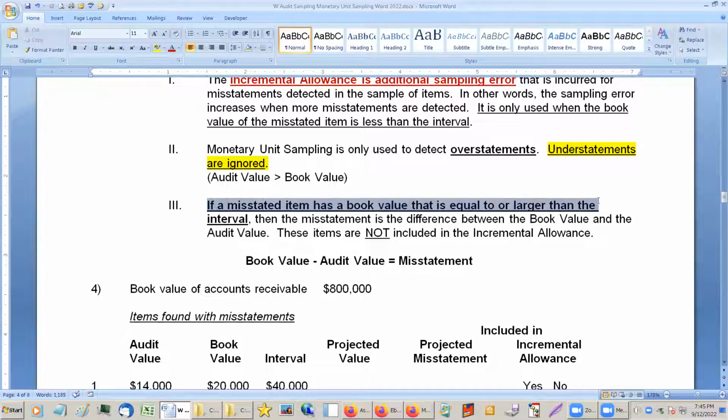Okay, the third one. This is when you have items that are larger than the interval. Like we were saying before, let's take the very first example. We had $1,000 intervals. If you picked one that was, say, $1,400, you're guaranteed to pick it. It's going to cross at least one interval.